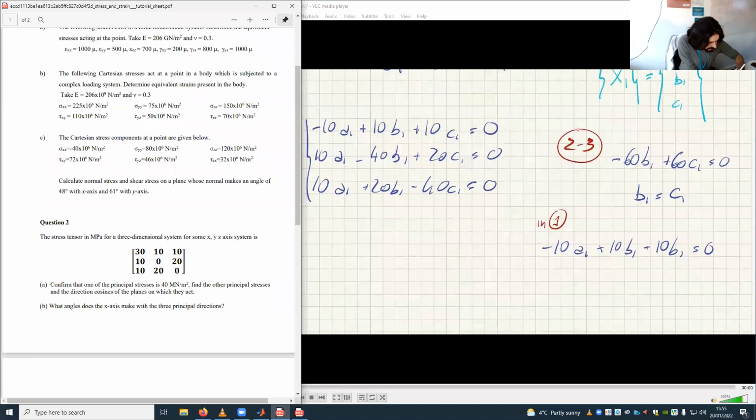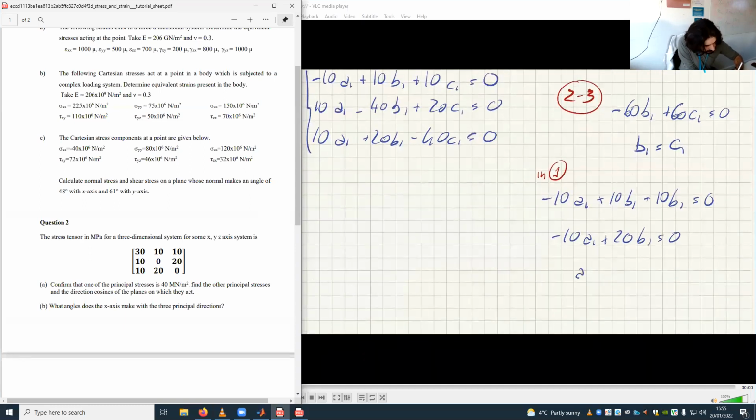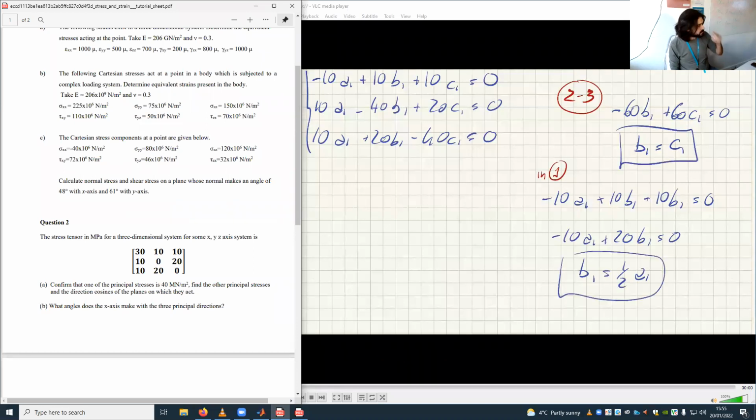And so I get that minus 10 A1 plus 20 B1 equals 0. Let's do B1 as a function of A1. B1 is 1/2 of A1. Okay? And that's it. So I can only get these 2 relationships.